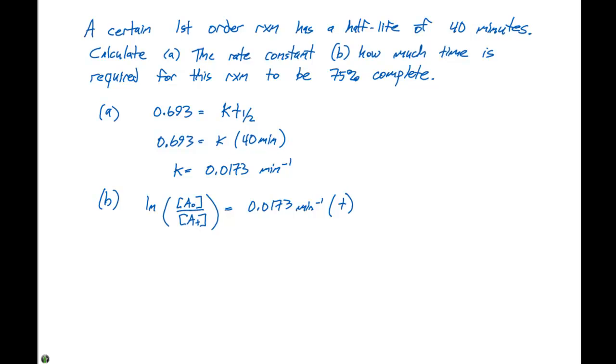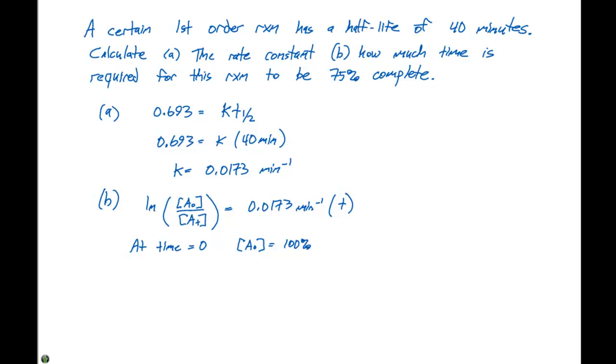times t. Okay, we're going to be solving for t, which is the time required for the reaction to be 75% complete. Okay, at time equals 0, our A naught is going to be equal to 1, or we can say 100%.